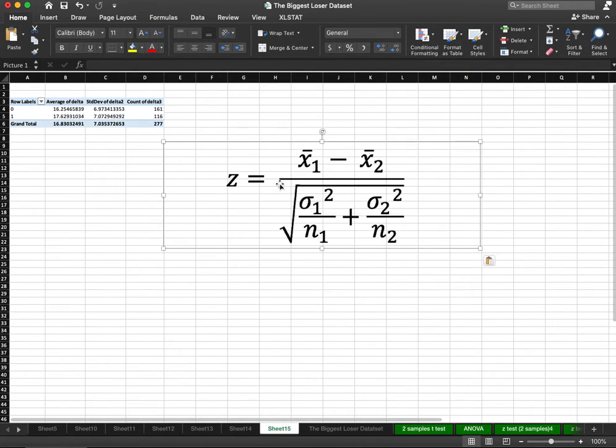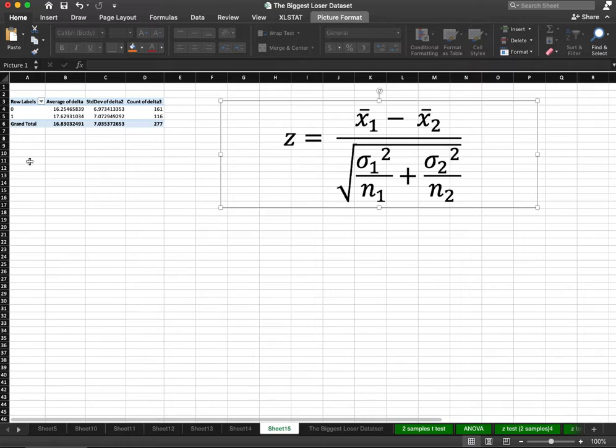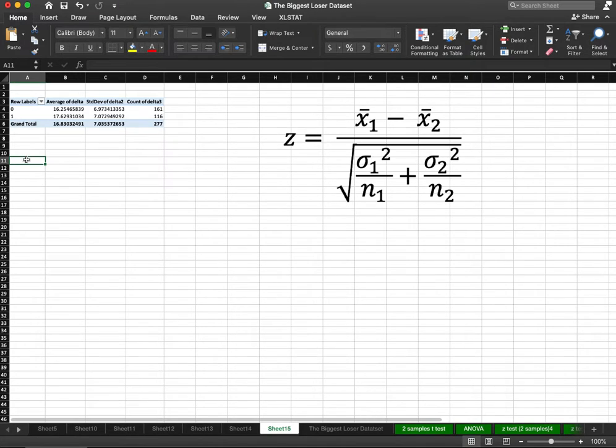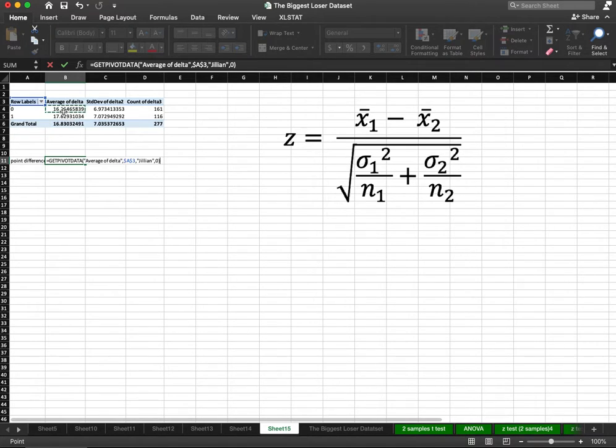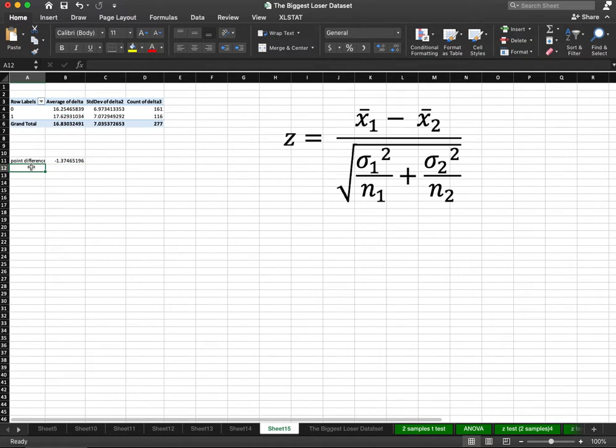Just pulling over the formula so we have it here for easy reference. So the point difference between means is not having Jillian minus having Jillian. Let's do this one here.